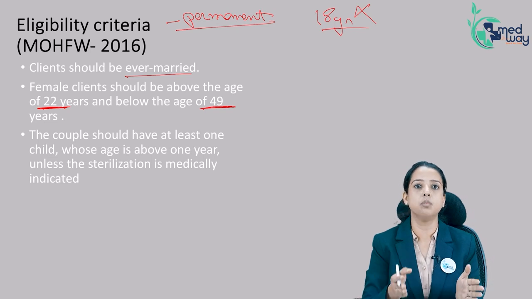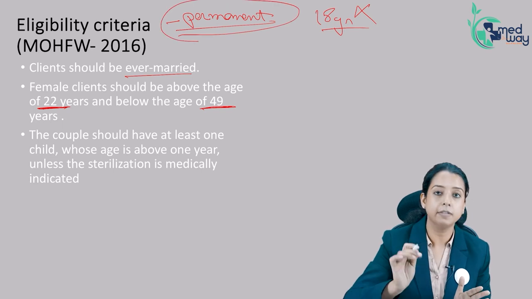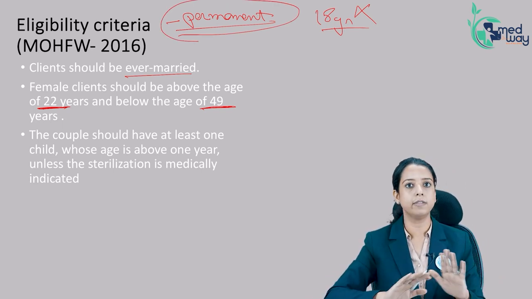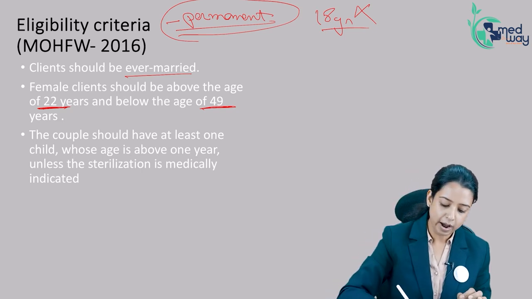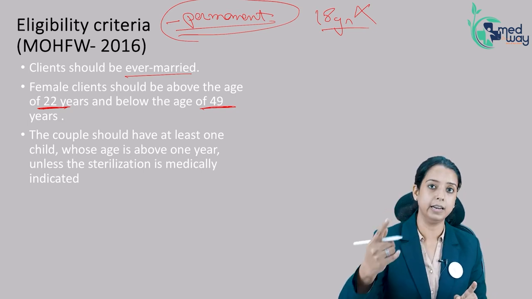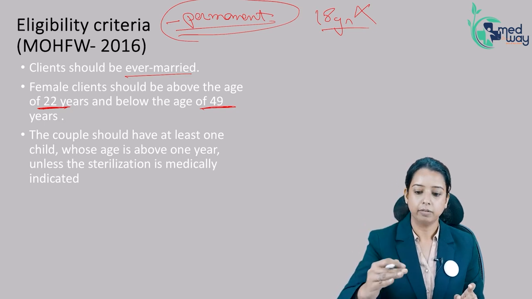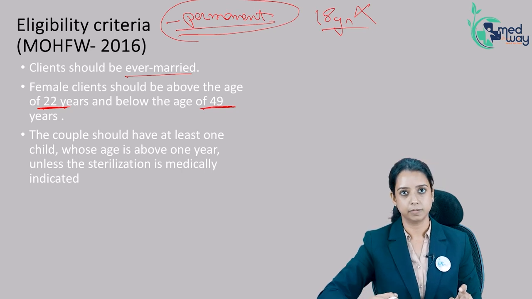They can have whatever they want, but do not give them a method which has no reversal. Give them a long-acting reversible contraceptive, because you never know, they will change their mind. So anybody who has one child, and not just any child, one child more than 1 year of age, because infant mortality rate is more in India. So until that child has crossed 1 year, we cannot provide sterilization.